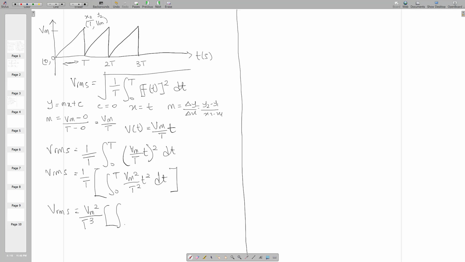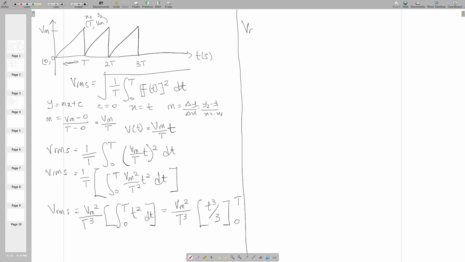And then we will integrate from 0 to T t squared dt over here. So then we can say that Vm squared all on T cubed integrating t squared equal to t cubed all on 3. The limit is from 0 to T.